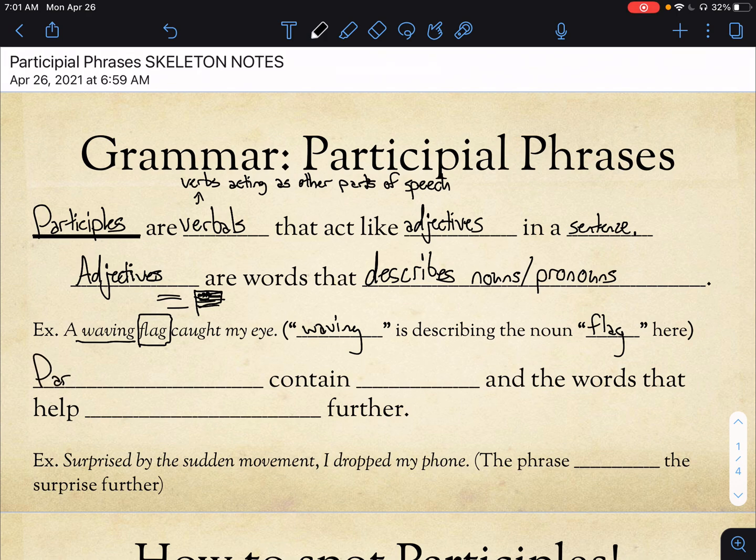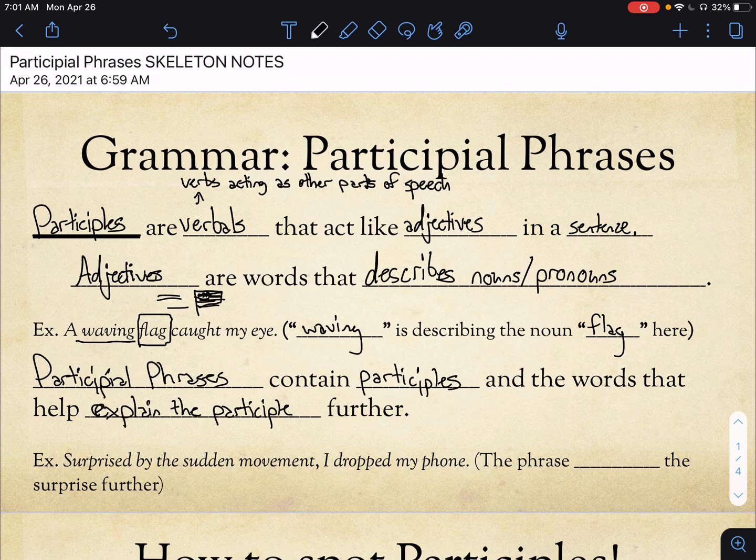Now, participial phrases contain, obviously, participles and the words that help explain the participle further.